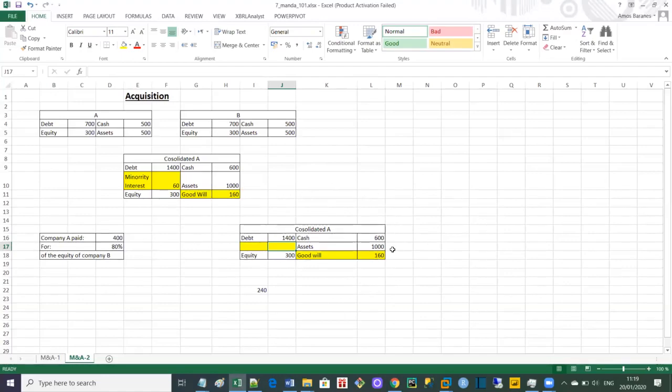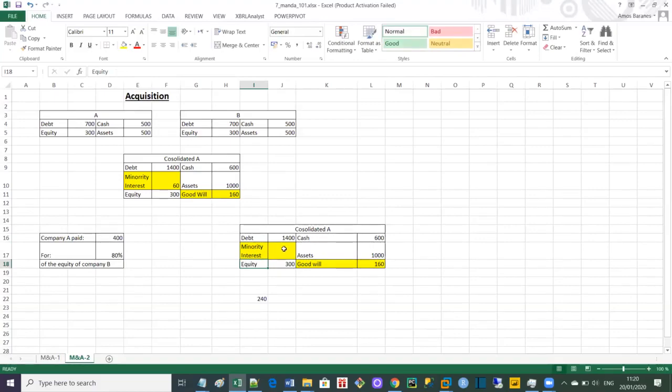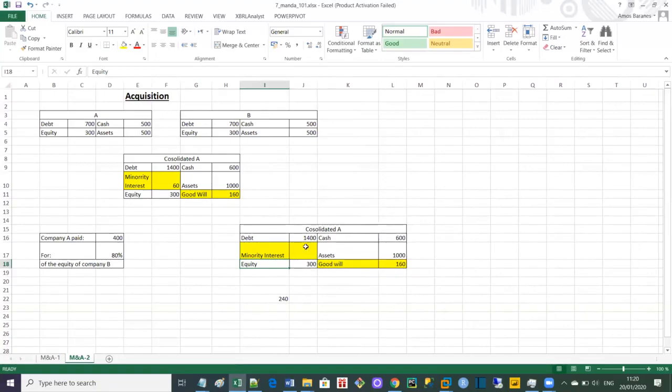There are 20% of the shares of company B which company A did not buy, and they are being held by other people that didn't sell the shares to company A. Those are considered minority interest. There are new names today for that under the IFRS, which you can see in the balance sheets when you see your company.